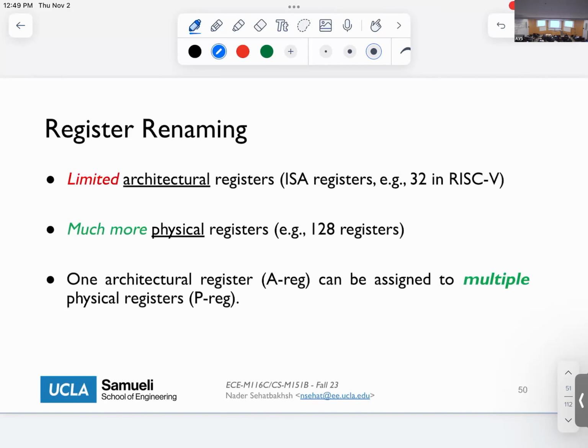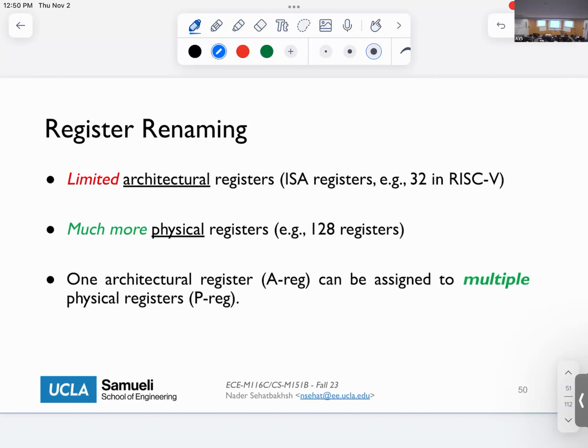So what is renaming? Renaming is based on the assumption that we have two separate sets of registers. There's a set of registers that we call architectural registers, and there is a set that we call physical registers.